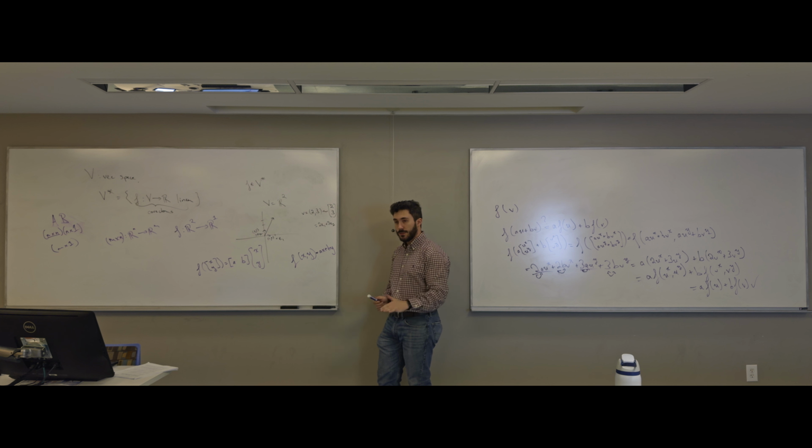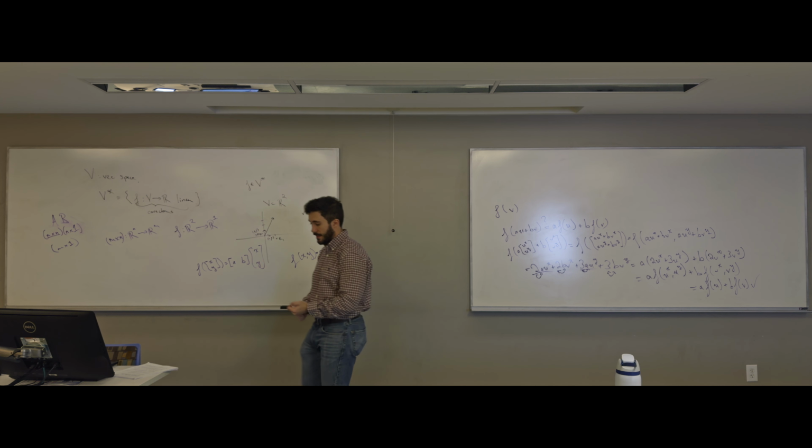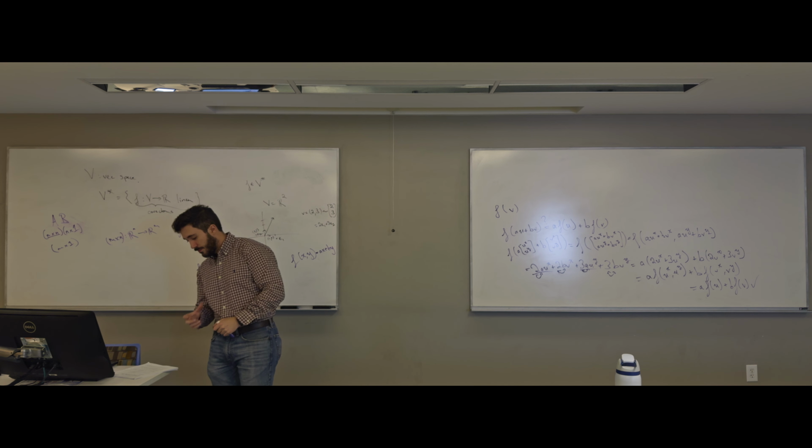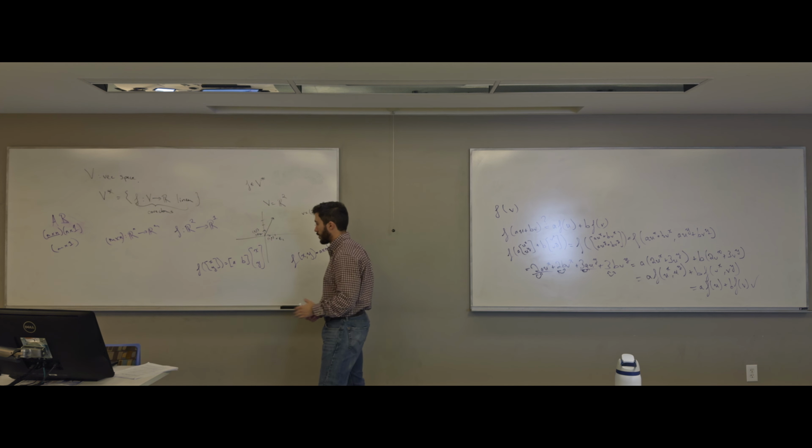So covectors are row vectors. Transposing gives you a covector. What that means is I can take any finite dimensional vector and transpose it and I get a covector. And I can take any covector of finite dimensions and go back and get a vector. So these two vector spaces are isomorphic.